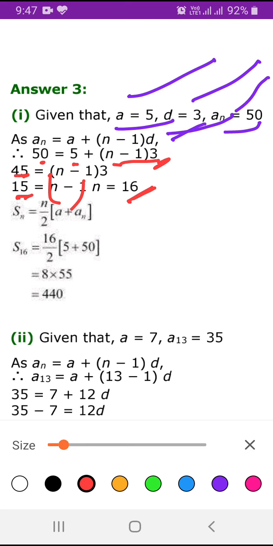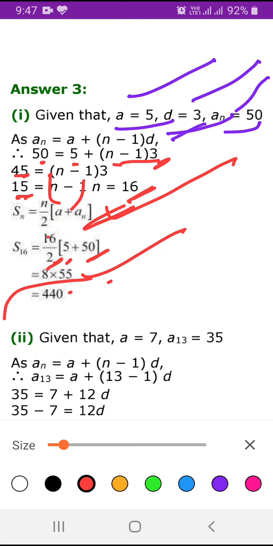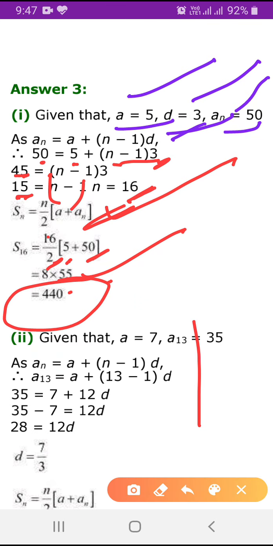Putting this value in the formula Sn equal to n by 2 into (a plus an), with n 16 by 2, a 5 and an 50, after solving we get Sn equal to 440.